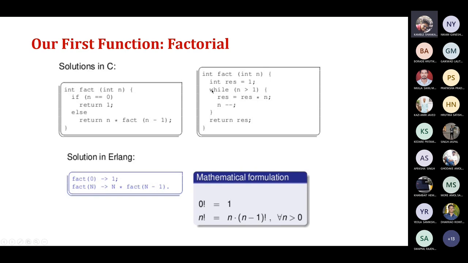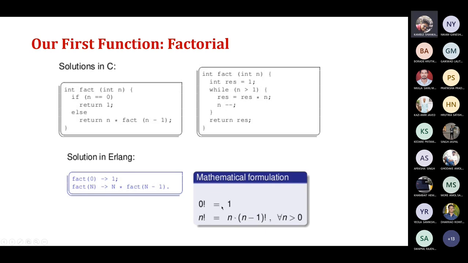Now a similar thing we can do using a while statement also. So this is another representation of the same factorial function using while. So how do you write the solution in Erlang? So this is what we had written. Factorial of 0 is 1. Factorial of n is going to be n into fact of n minus 1. Because this was the mathematical formulation, right?